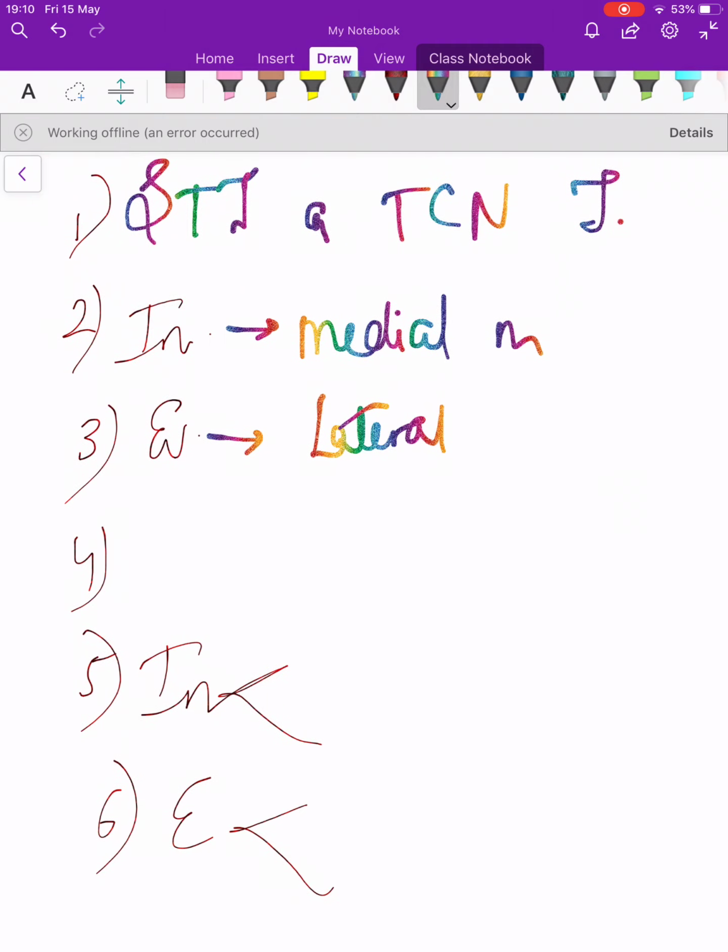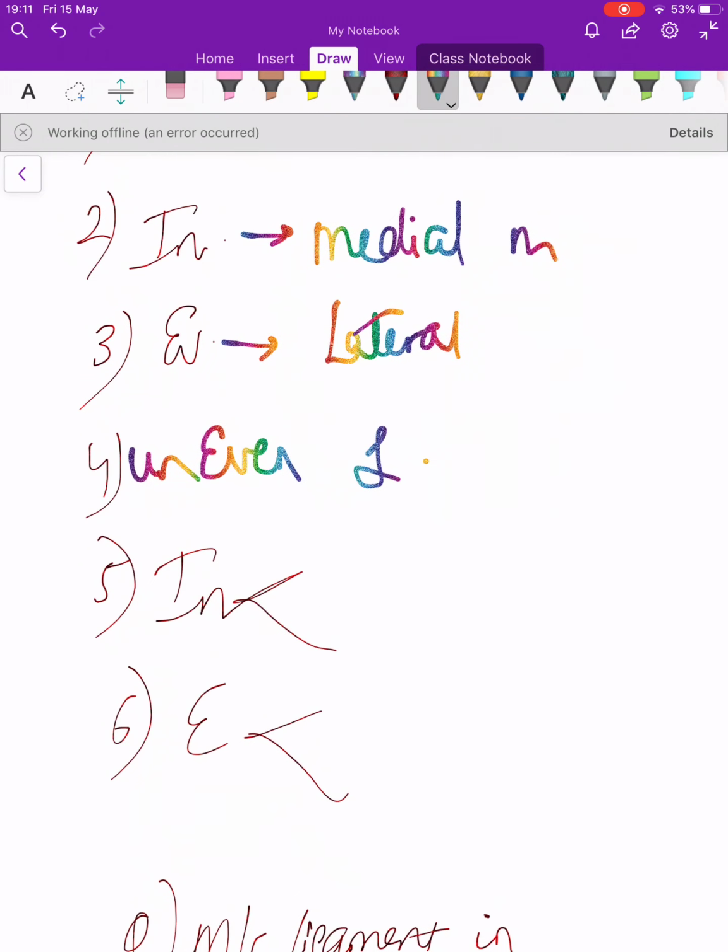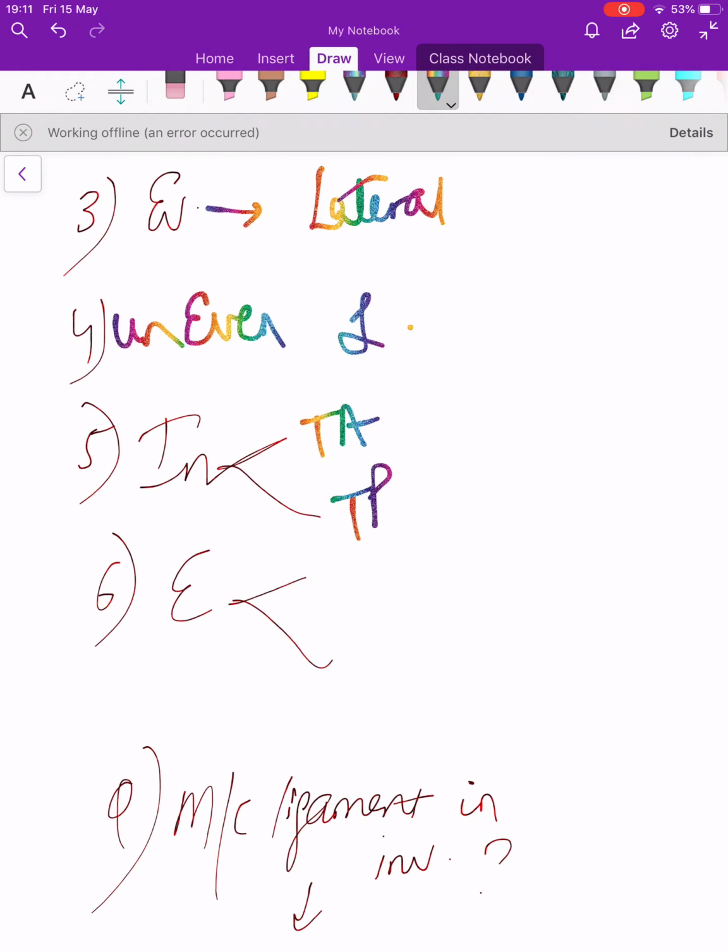These occur while walking on an uneven surface. Inversion is done by two muscles, the tibialis anterior and the tibialis posterior, and eversion is done by the peroneus longus and the peroneus brevis.